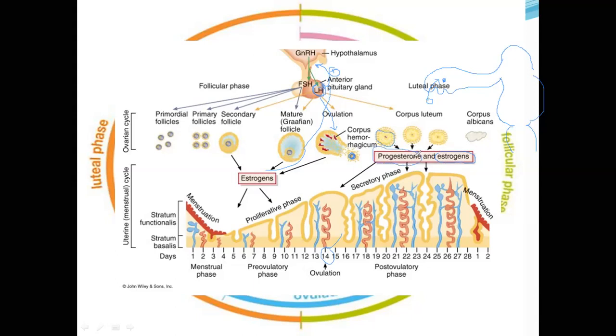So this progesterone and estrogen, now, estrogen is repairing or making thick the uterus lining, while progesterone will also do the same function, but it will also increase the blood supply more. It will make these blood vessels, you can see here, more coiled.